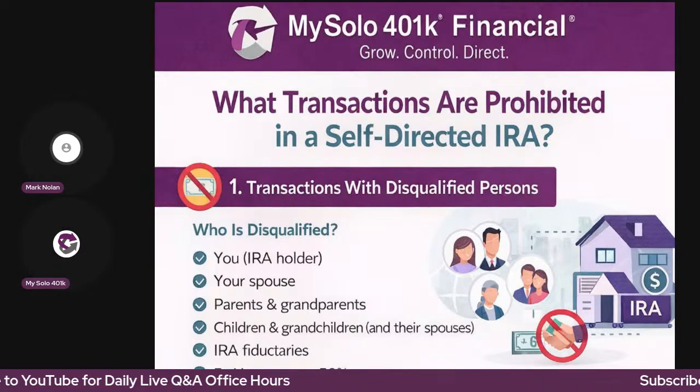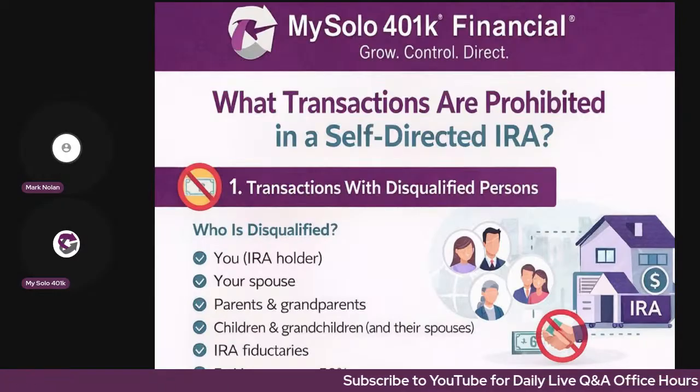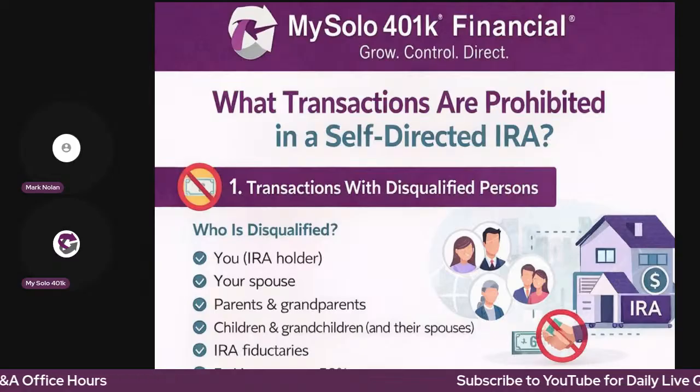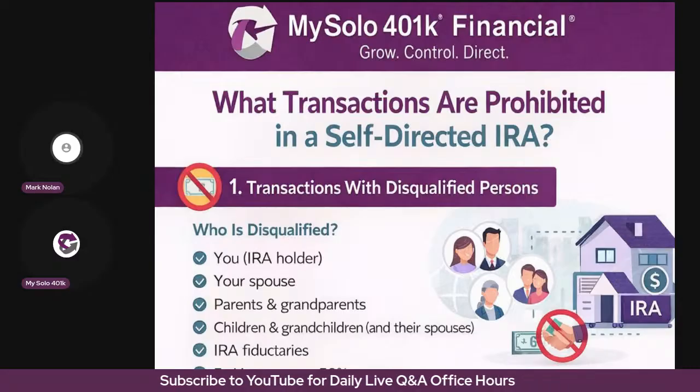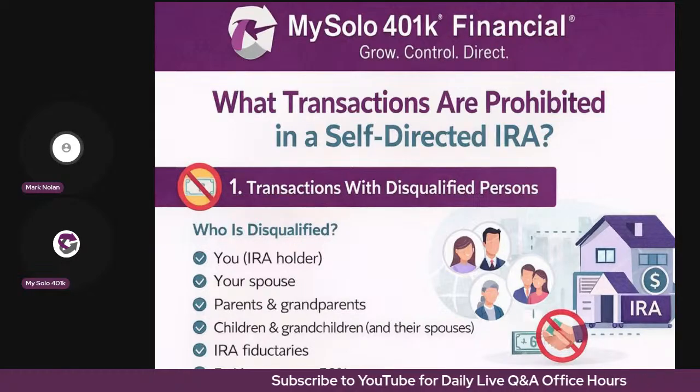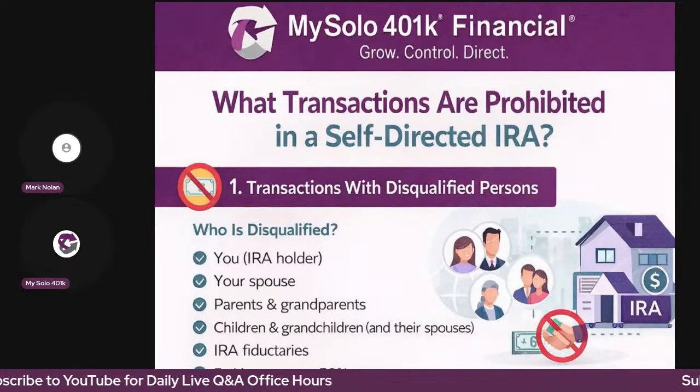So one of the most important rules to understand involves prohibited transactions. Violating these rules can cause your entire IRA to lose its tax advantage status, resulting in immediate taxation of the full IRA account, and also potential penalties on top of that. So let's break down exactly what transactions are prohibited in a self-directed IRA.